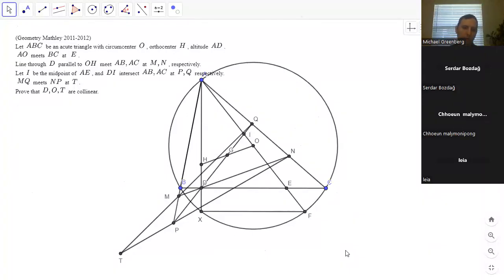So yeah, for this problem, I don't know if we want to use Sarg's theorem or, yeah, I'm not sure what the best idea is. But yeah, Vietnam always has the best math problems. The best geometry problems. I can't say, I don't know if I can say math in general, but yeah.